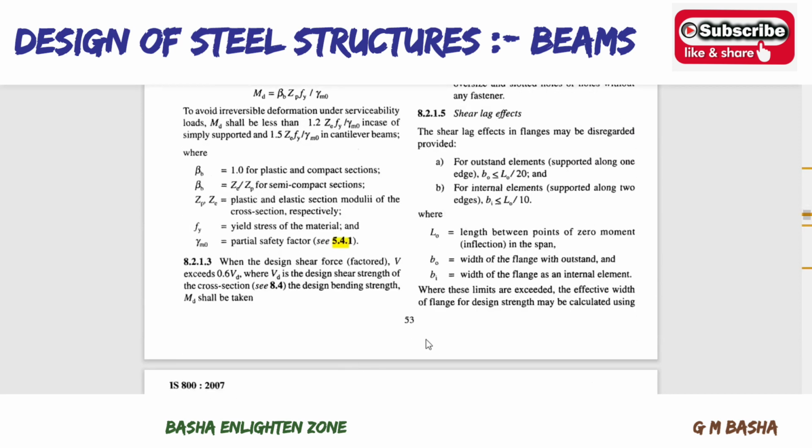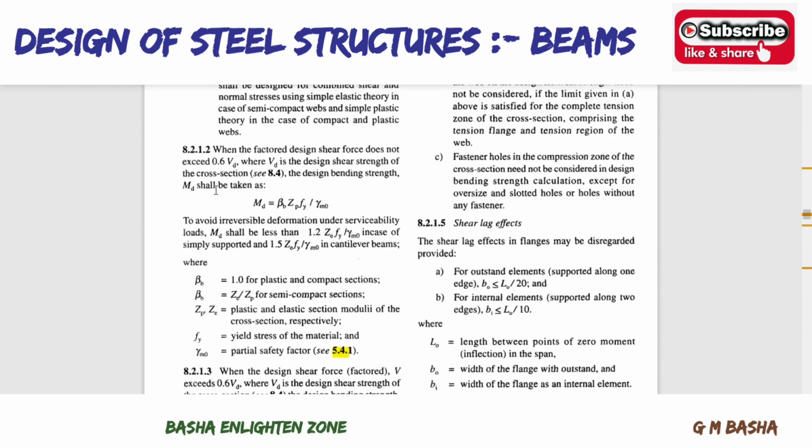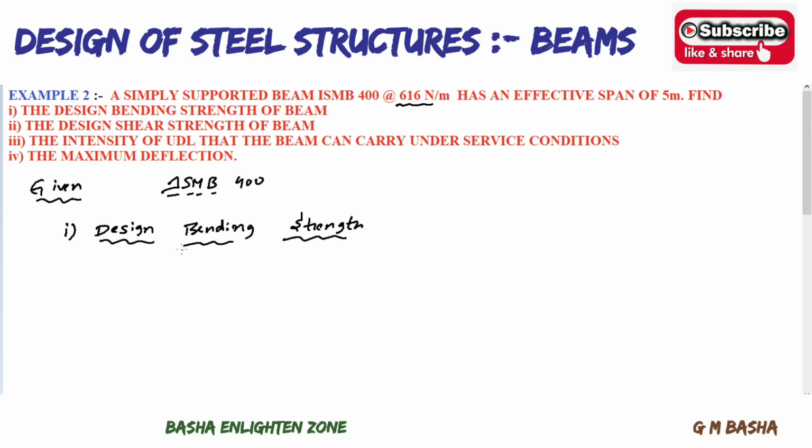See here in page number 53, the formula for the design bending strength of the beam: Md shall be equal to beta_b Zp fy by gamma m0. Okay, so I am taking the same formula here.